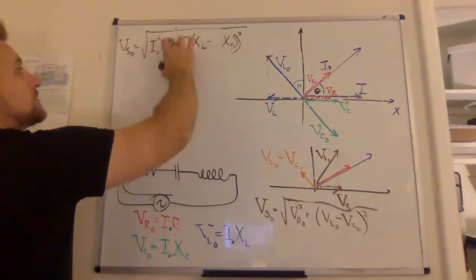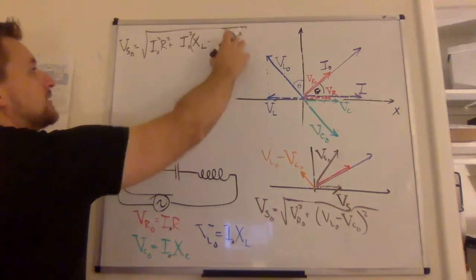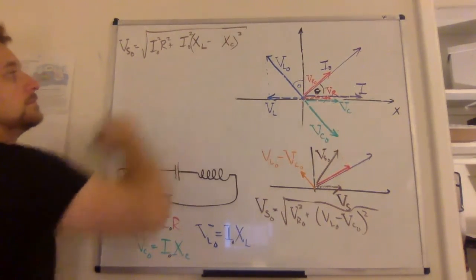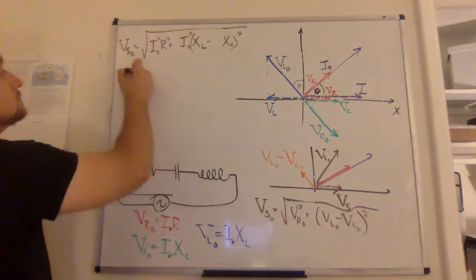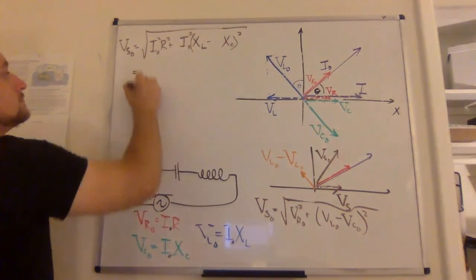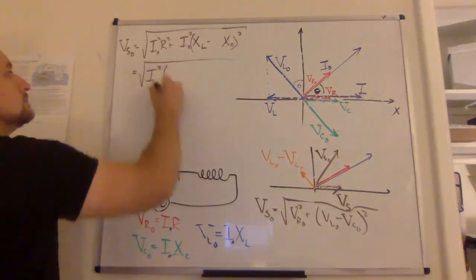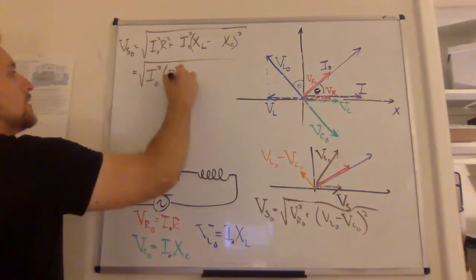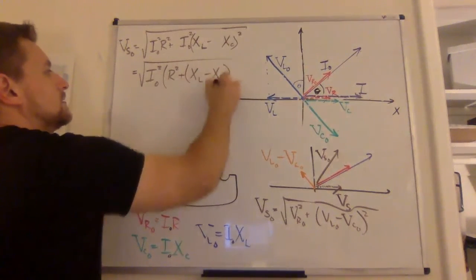So we've got I squared and this guy squared. Let's factor out the I squared: R squared plus XL minus XC squared.